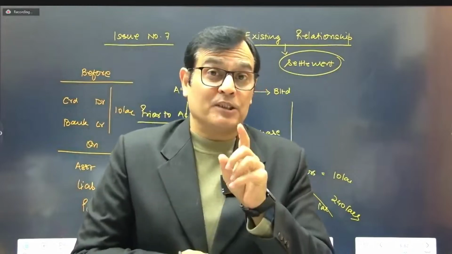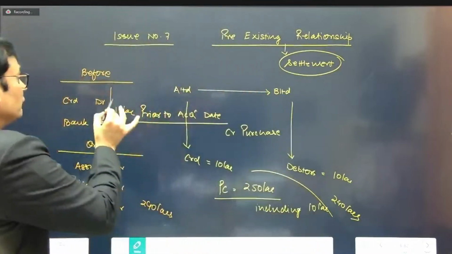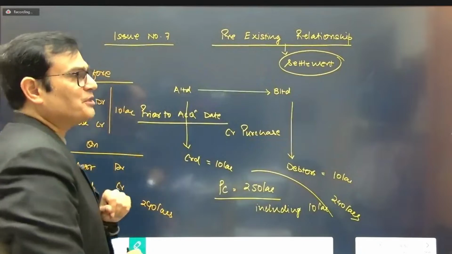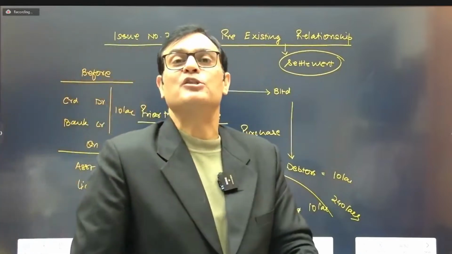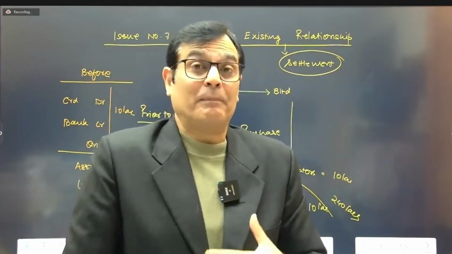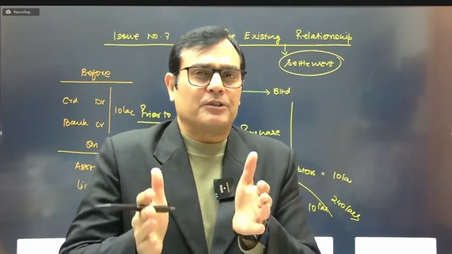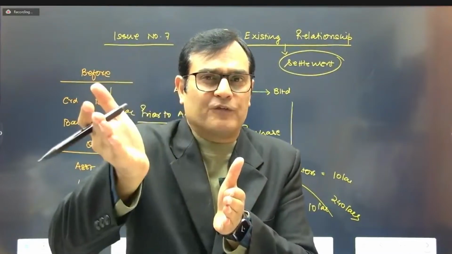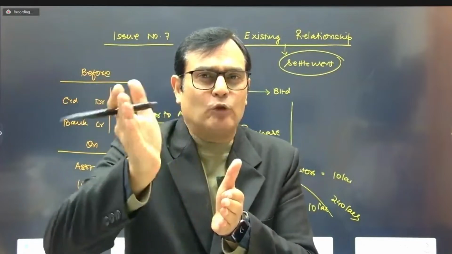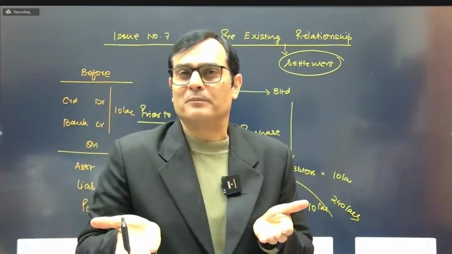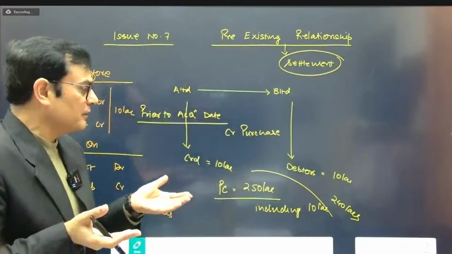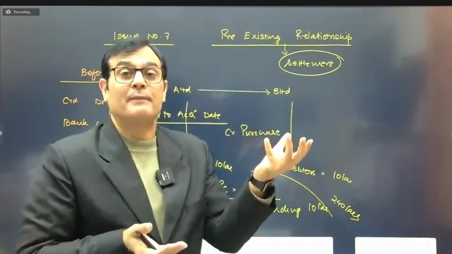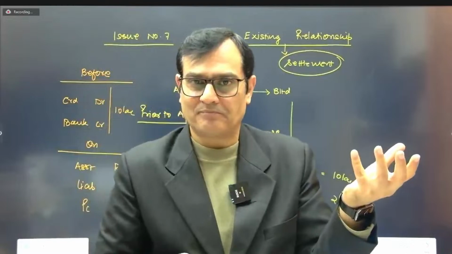Yes. In this particular case, I'll first put the entry, bank gets a debit, debtor gets a credit, and the purchase consideration is going to be increased to that extent. Because you need to pay them 10 lakhs for an existing relationship and 240 for the acquisition purposes, we made a reduction in the PC. If this would have been a reverse situation, I would have perhaps increased the PC.